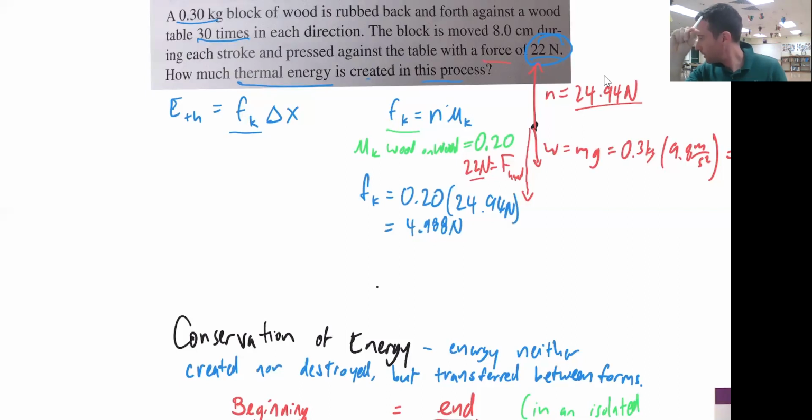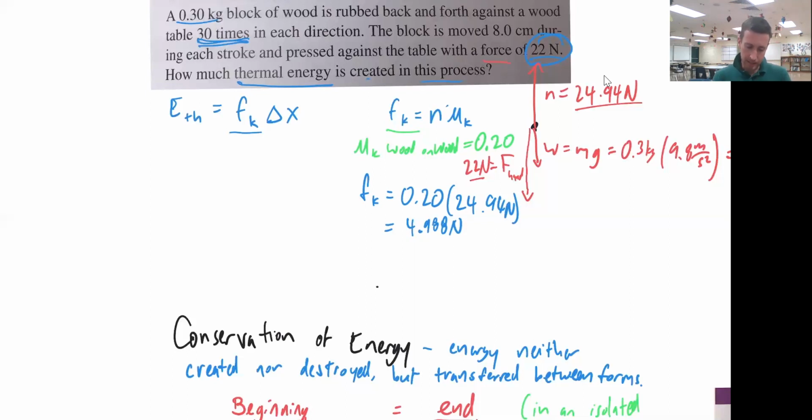Then the total displacement, how much did I move it? So it was 30 times in each direction. So the 30 times in each direction makes me think it's 30 this way and then 30 that way. So 30 and 30 is going to end up giving me a grand total of 60 back and forths, right? 30 this way, 30 this way.